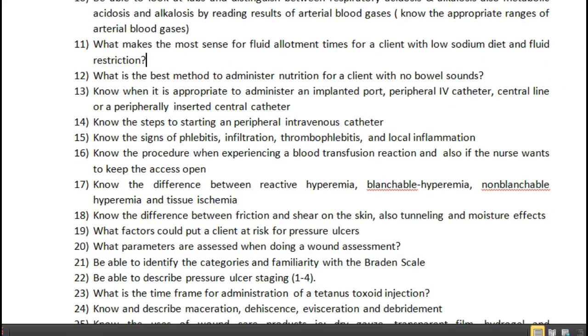If you have a person with a low sodium diet and a fluid restriction, and I give you a bunch of times, what would be some of the best times to give that person fluid? The best time would be during the regular hours of the day. You don't want to give people fluid at night and have them getting up. You want to give people fluid when they're active.